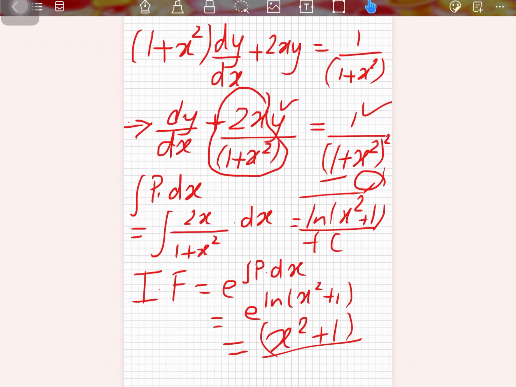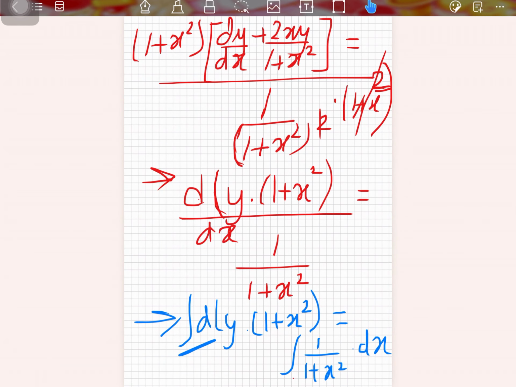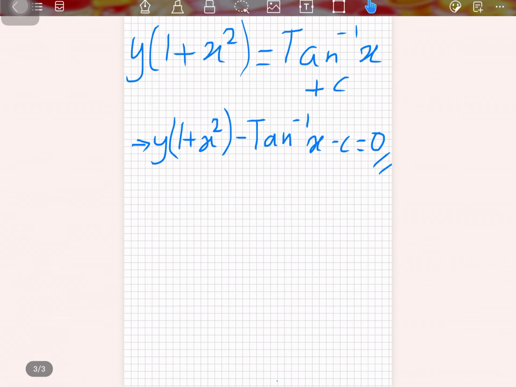The first thing is you have to change the coefficient of dy over dx to 1, and the property of logarithm and exponential number that you have to understand. The rest of it is very clear, and of course the product rule in this step, and the rest is pretty easy. So there you go. This is the final answer to this question.